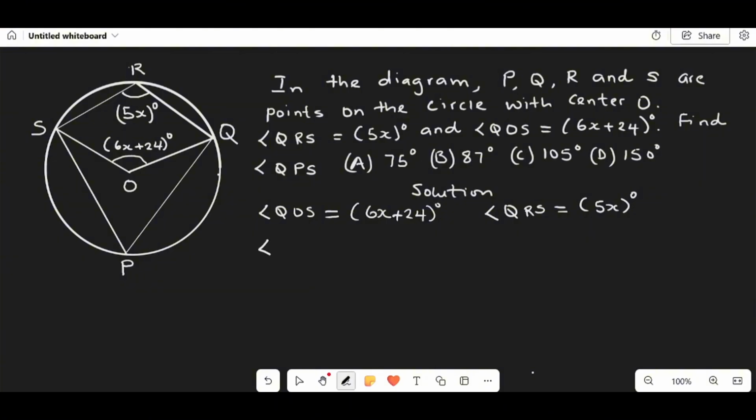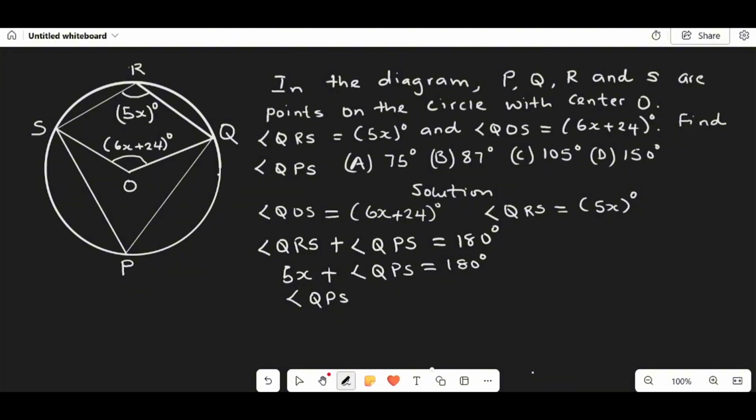So angle QRX plus angle QPX equal to 180 degrees. Our angle QRX is 5x. 5x plus angle QPX equal to 180 degrees. So angle QPX equal to 180 degrees minus 5x.